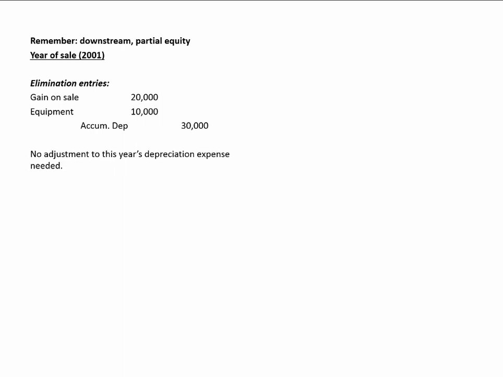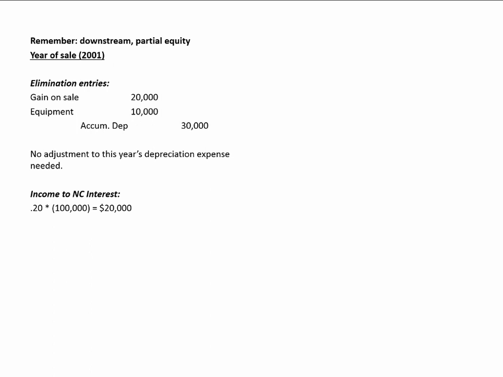And also, we need to reinstate Big's accumulated depreciation. Now, since this intercompany sale took place at the end of the year, Big, the seller, had already recorded the correct depreciation expense, so no adjustment is necessary this year. The income to the non-controlling shareholders, again, they're going to get their 20% of the adjusted, realized earnings of the subsidiary. This was a downstream sale, which means that this intercompany transaction does not affect the non-controlling shareholders.